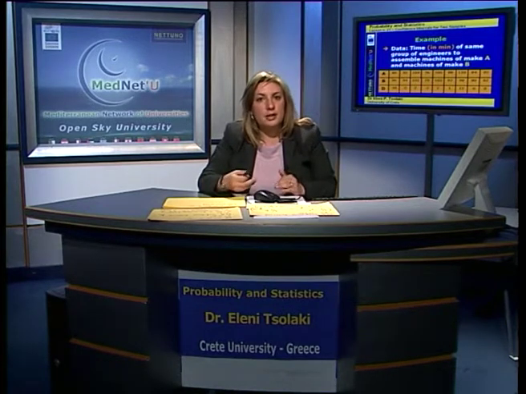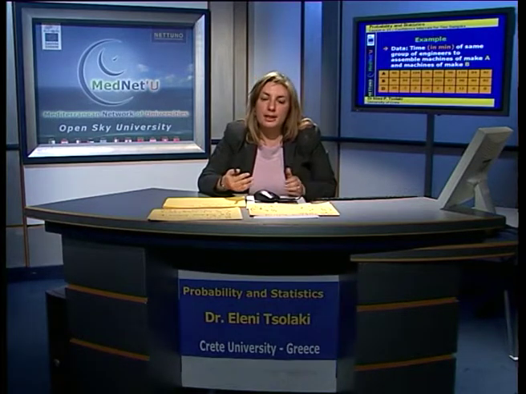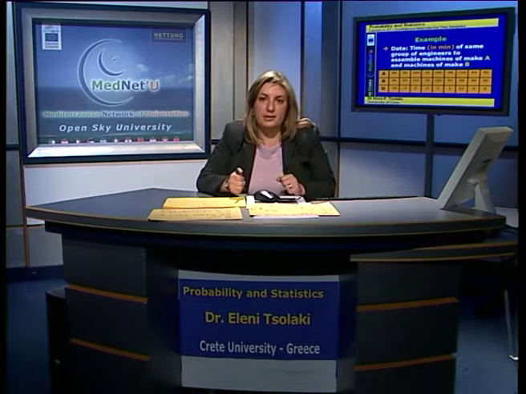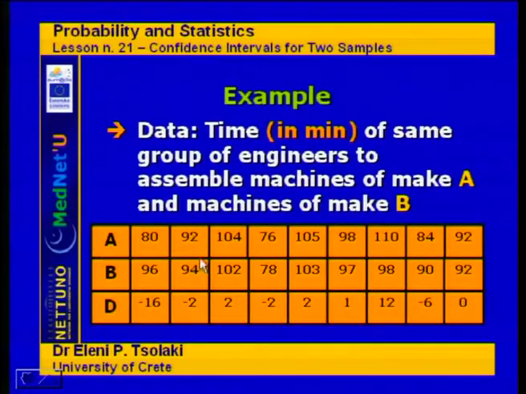So here our samples are not independent, they are paired, as we have said, and we would need to calculate the differences. So we have the first group of data, the second group of data, we take the differences, and D is the new sample, the differences.